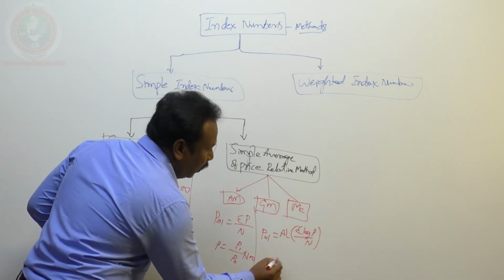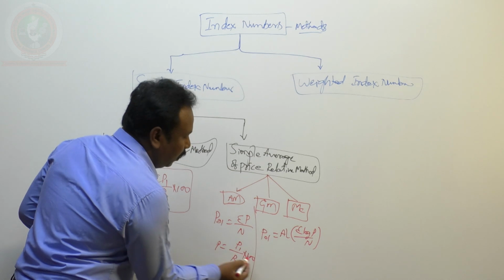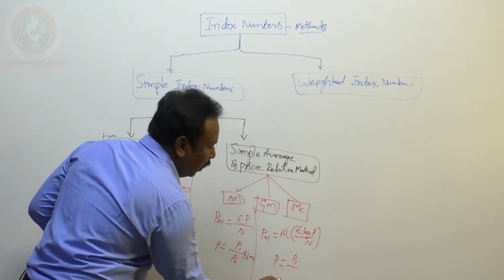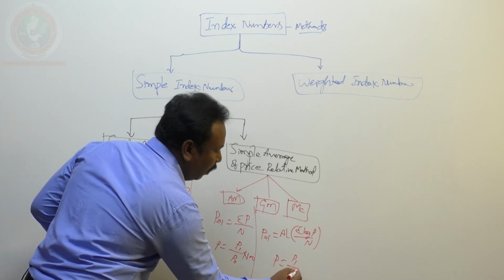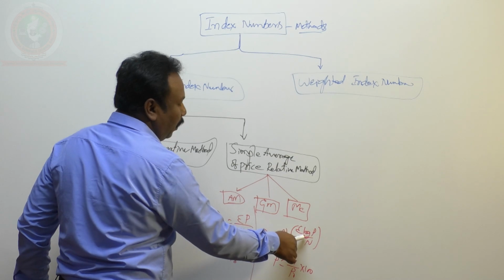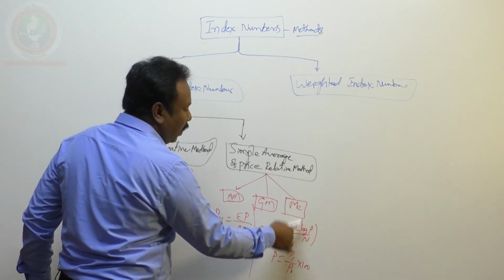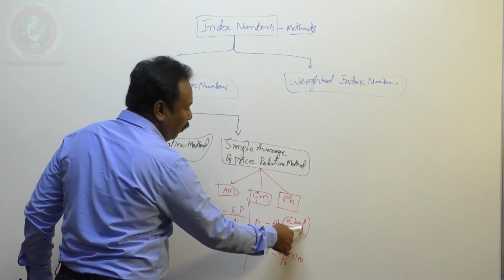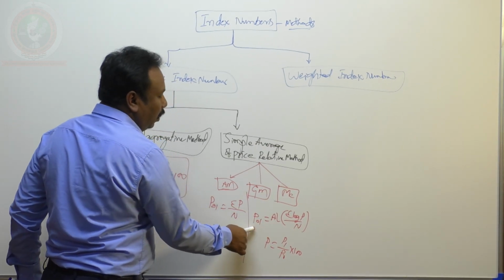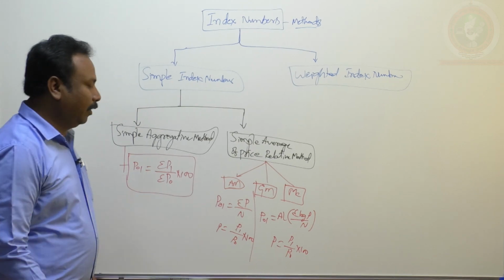Here p is the current year value divided by the previous year or base year value, into 100. So we get p, take the log value, then take the summation of log p divided by n. With anti-log calculations we get the index number under geometric mean.